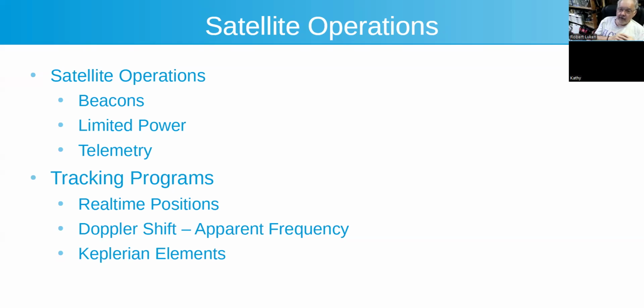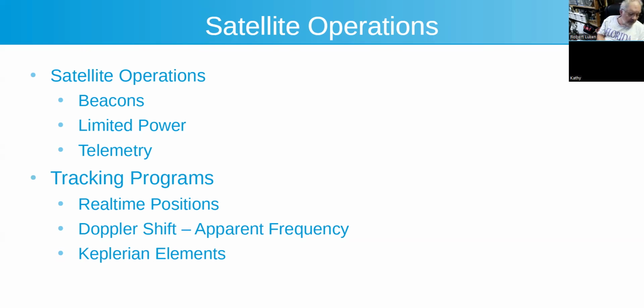There are tracking programs that work on computers. I suspect, I haven't tried it, there's some that you can do on a cell phone, which will show you sort of the real-time position of various satellites, what their apparent frequency is, because it'll take into account the Doppler shift.